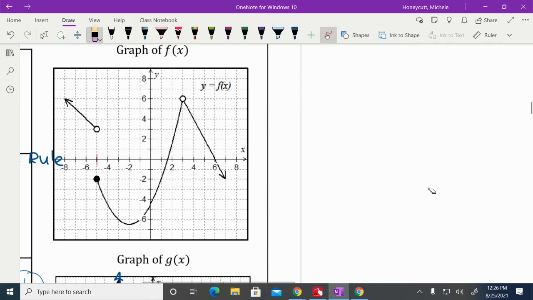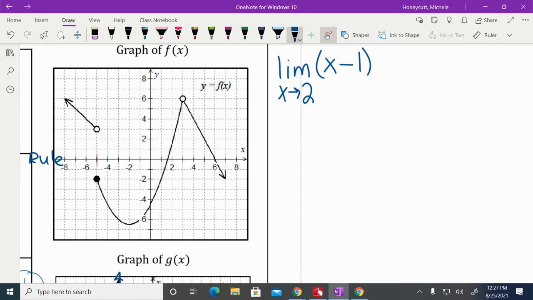Let's do the limit as x approaches 2 of f of x minus 1.